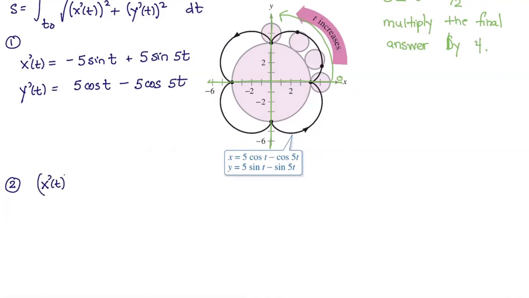And so x prime of t squared is equal to 25 sine squared of t minus 50 sine of t sine of 5t plus 25 sine squared of 5t.